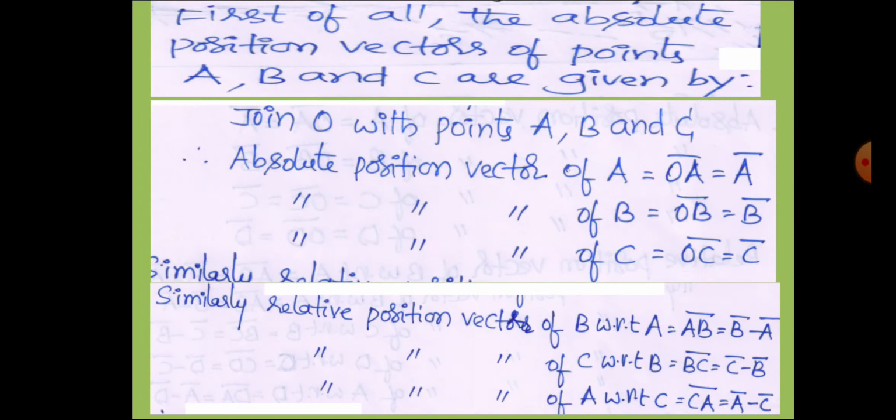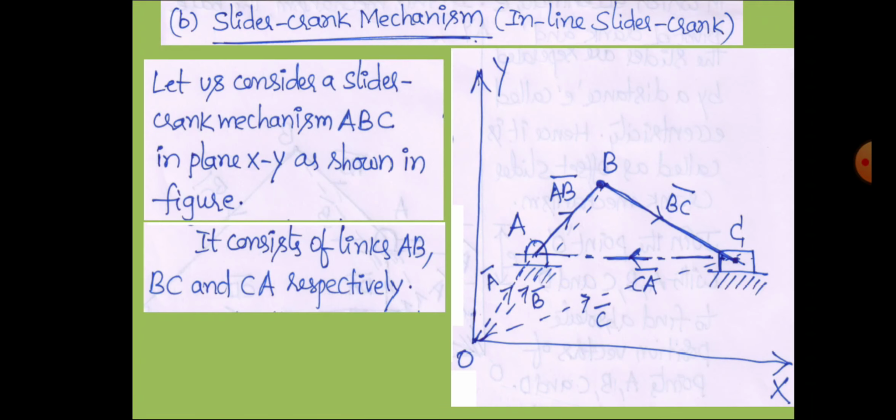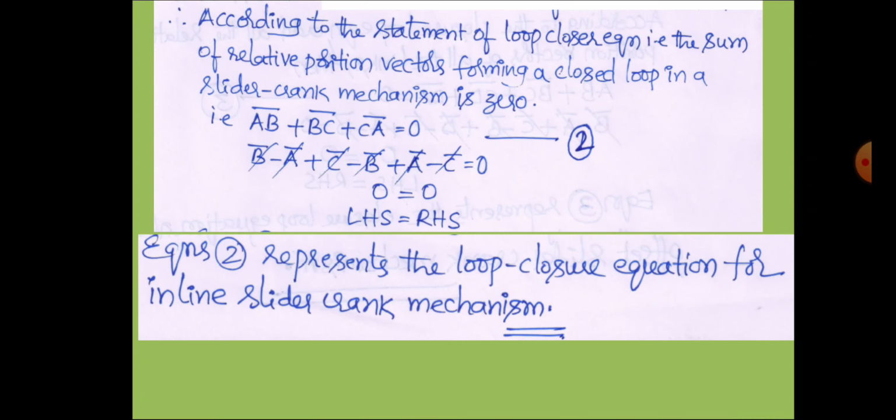If I look at the diagram, A to B, similarly B to C and C to A, all are in sequence and complete the closed loop. Suppose if I write the direction as A to C instead of C to A, then the sum in my loop closure equation will be AB bar plus BC bar minus CA bar. So that one should be remembered.